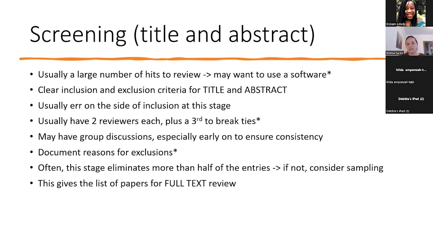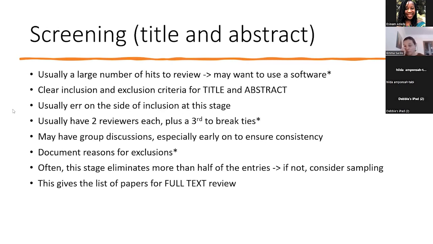Just based on the title and abstract, do you want to include or exclude papers? Generally you err on the side of inclusion at this stage, because there'll be another stage when you can eliminate papers that don't fit, right? So you don't want to eliminate papers that you actually would want to include. So when you're screening, if you're not sure, you'll include it at this stage.